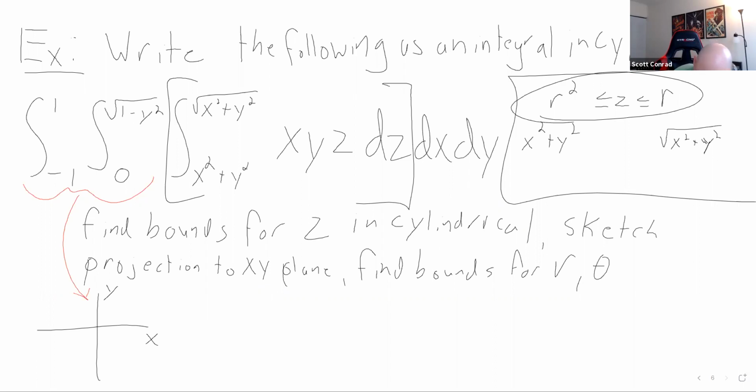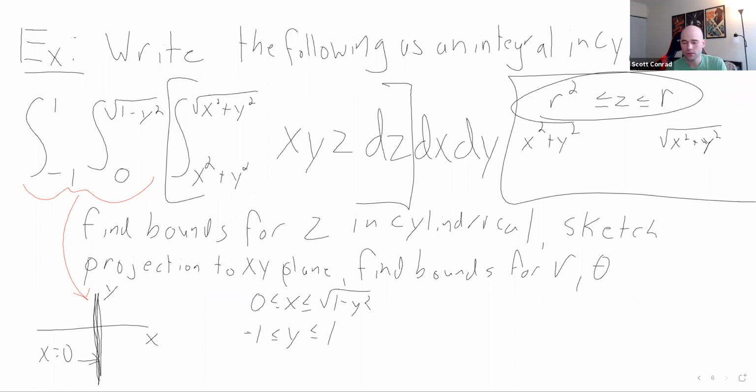X goes from 0, I'll just write it out, to square root 1 minus y squared. Y goes from -1 to 1. Okay, so let's look at x. So the left bound is x equals 0, which is the y-axis. And the right bound is x equals square root 1 minus y squared.